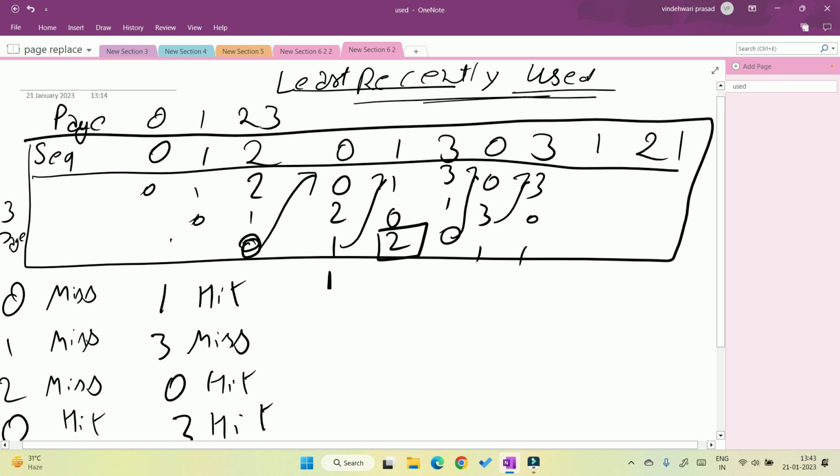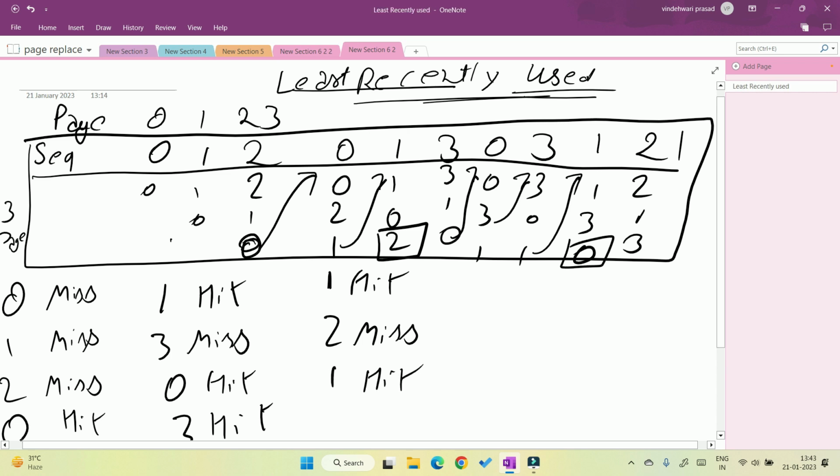Now 1 is a hit, it moves here, 1 3 0. Now 2 is a miss. 2 will come in the place of 0, 2 1 3. Then 1 is a hit, and it moves here, 1 2 3.